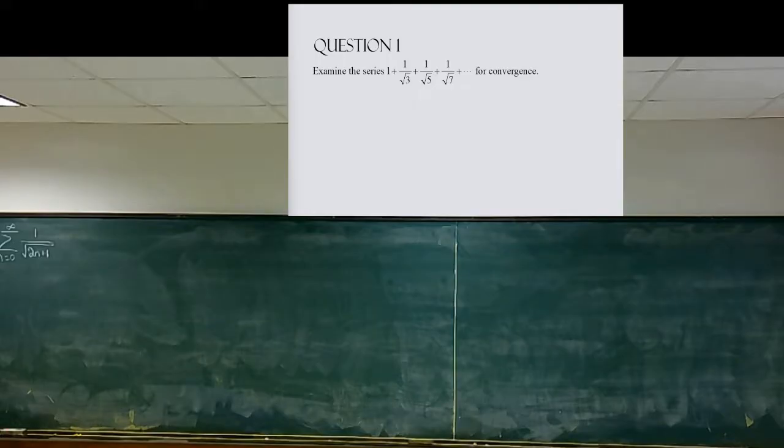That works. That's not the form I'm going to use. We're going to start n at 1, and my reasoning for that will become apparent. That'll be 1 over the square root of 2n minus 1, right?